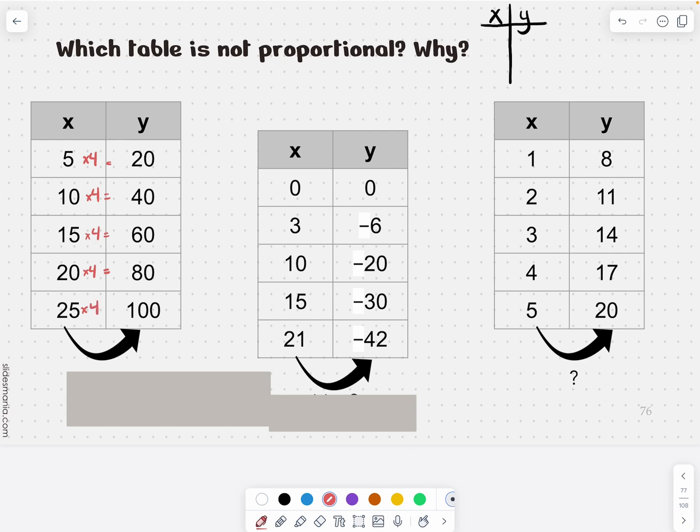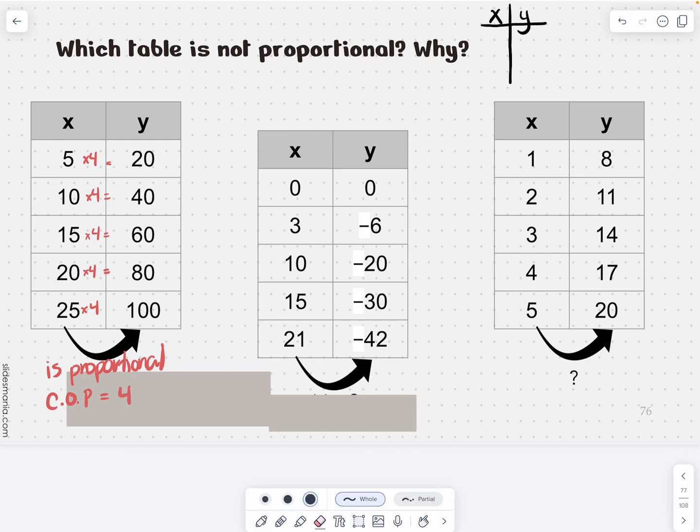Oh, so I multiplied every number in that x column by 4. So this one is proportional. And the constant of proportionality is 4.